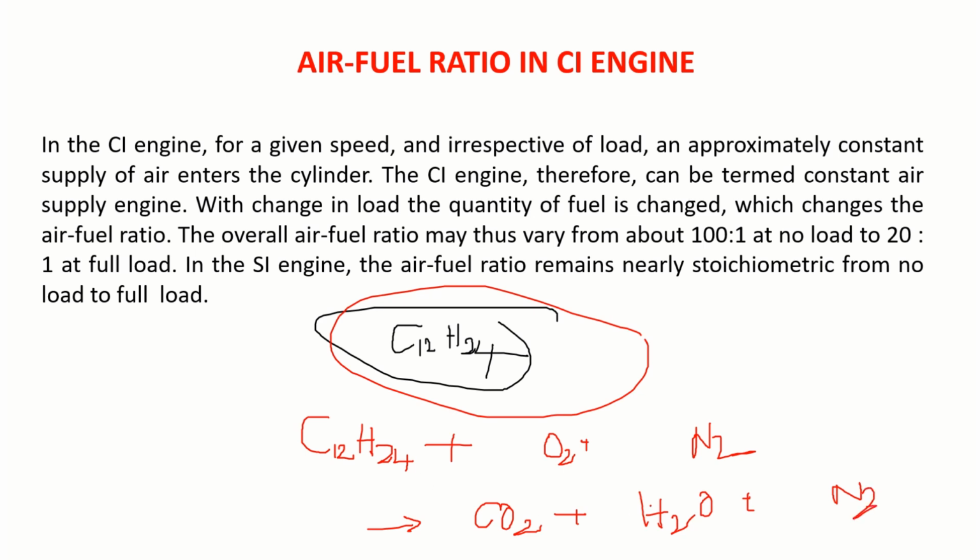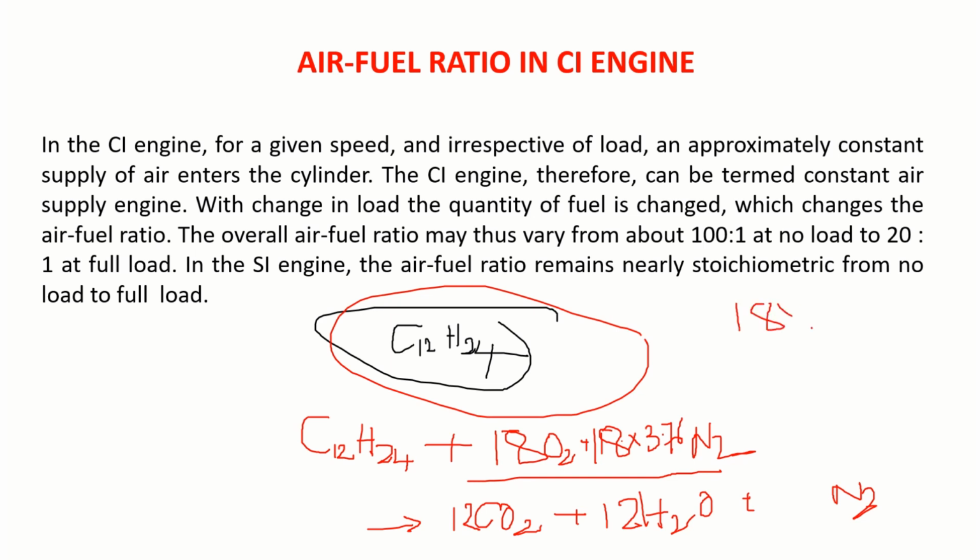So 24 H2O, 12 I can write here, 12 CO2, 12 and 6 of this, 18 O2, 18 into 3.76 N2, then you can find out what should be the air fuel ratio.